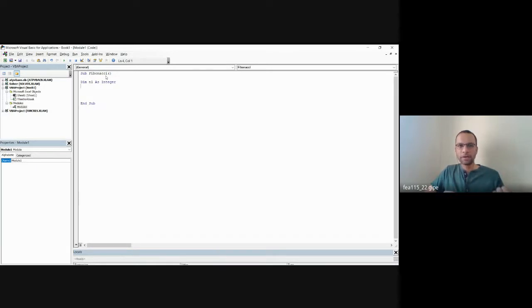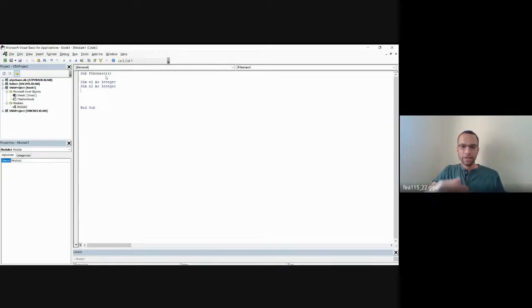I would like to declare a few more variables which I intend to use later. Dim n2 as Integer. Now I want to make this slightly flexible. I want to accept a user input so that the user can tell me how many numbers they want inside the Fibonacci series, so that our code becomes flexible.